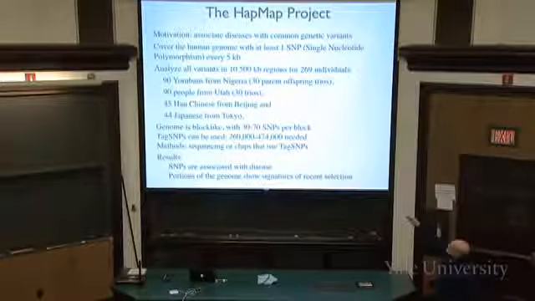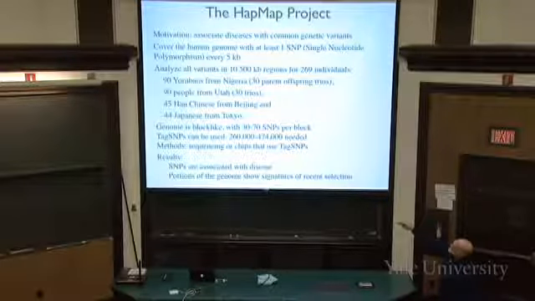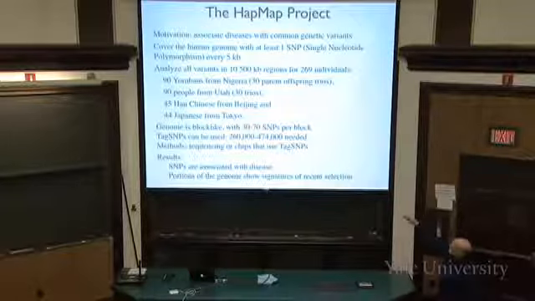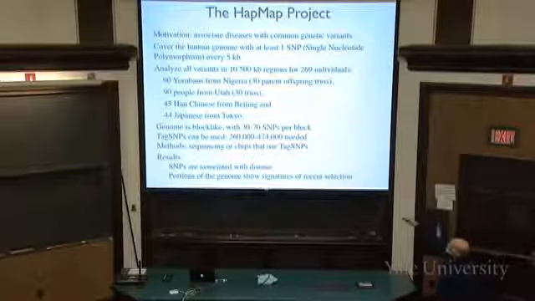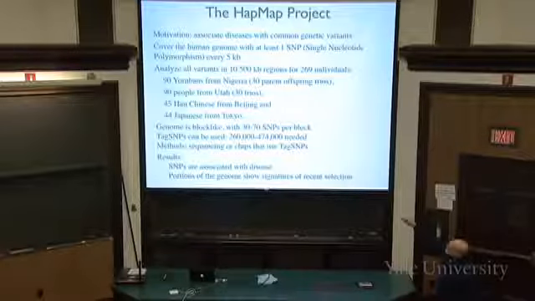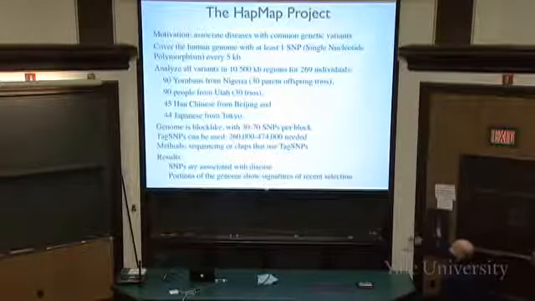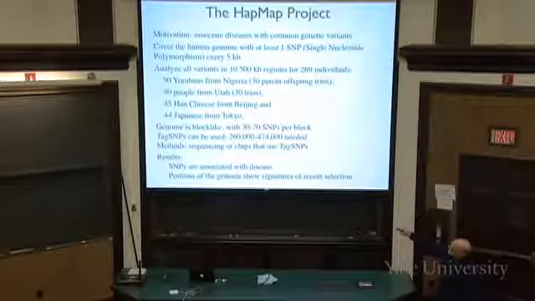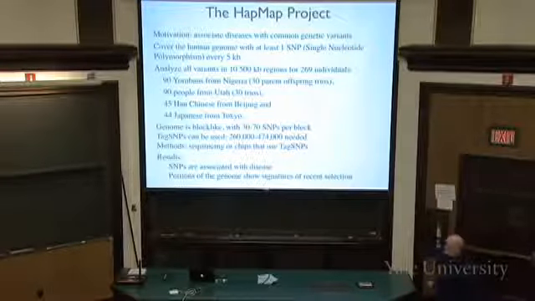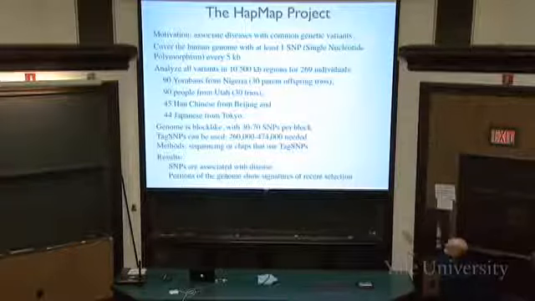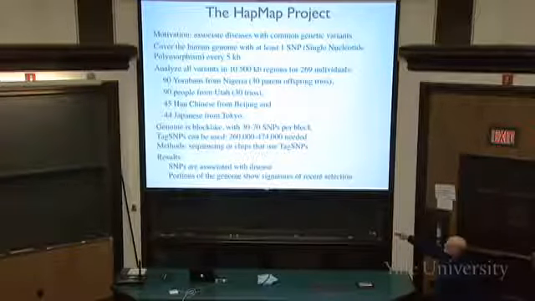And to do this, the HapMap project looked at regions of the human genome that were about 10,500 kilobytes long for 269 individuals. So that's 10,500,000 bases for each of 269 individuals, and they did it on people from Nigeria, Utah, Beijing, and Tokyo. And they discovered that our genome is arranged in blocks.